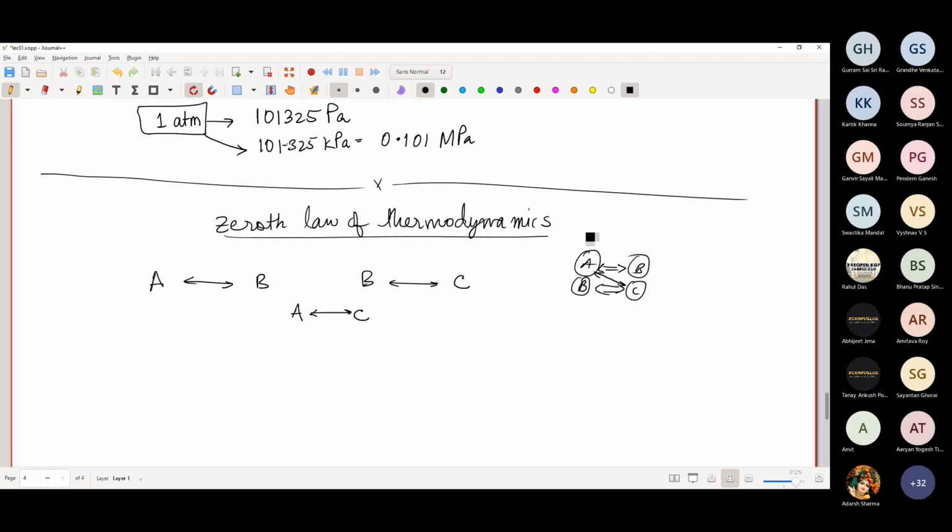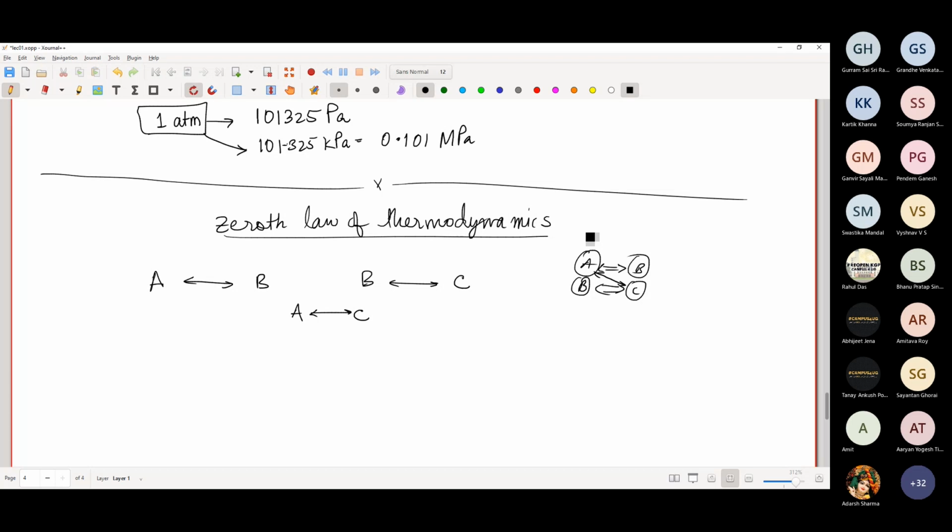As trivial as it sounds, there is no concrete proof to it, and it is taken as an axiom. It logically precedes the conservation of energy and the entropy principles, and therefore it has been given the designation of the zeroth law of thermodynamics. Okay, so now we will move on to the discussion of properties of a pure substance.